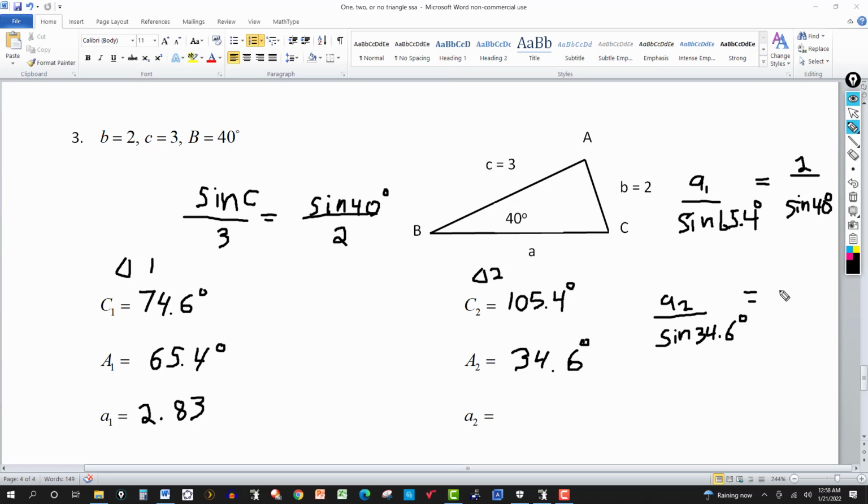And then the ratio on the other side, again, has to be consistent. So I have to have the length of the side up here. So I'll use the same one I used previously. 2 be equal to 2, and then the sine of the opposite angle, that's 40 degrees, so that's the sine of 40.